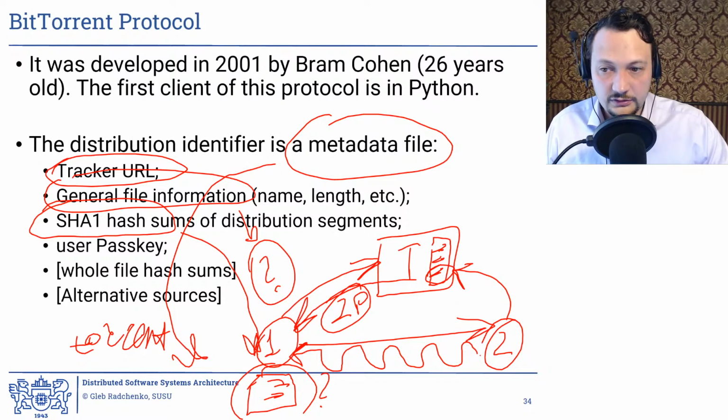Also, here in this torrent file, we can have a set of alternative sources, URLs of other trackers. For example, if this tracker is not working, it is blocked or somehow not available right now, we can connect to another tracker that would also provide us the information about the file and other clients that are listed in this tracker.